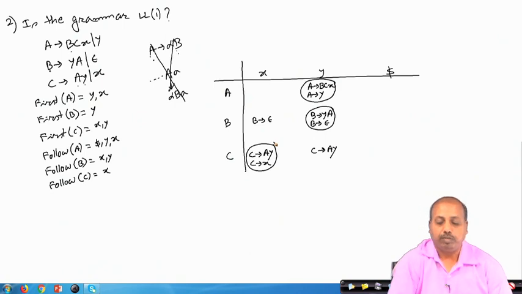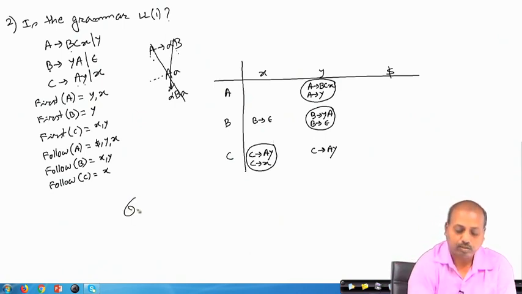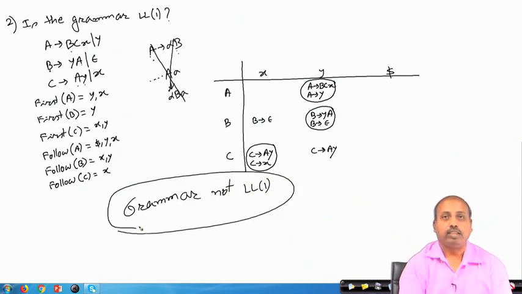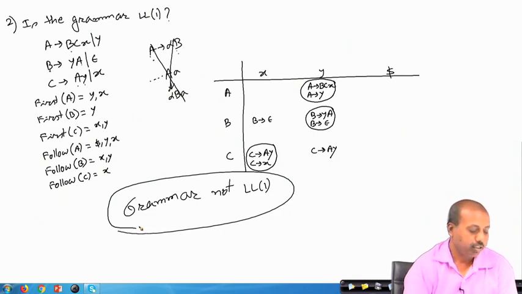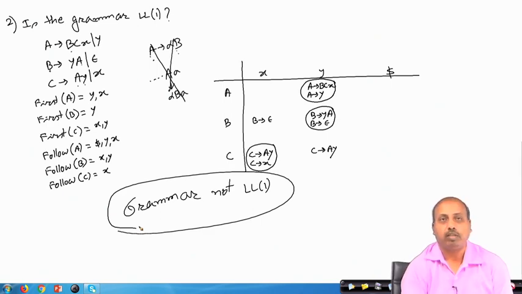So, naturally, this grammar is not LL1. So, this is the decision that we have for this. That way, you can always try to check whether a grammar is LL1 or not by constructing the corresponding predictive parsing table.